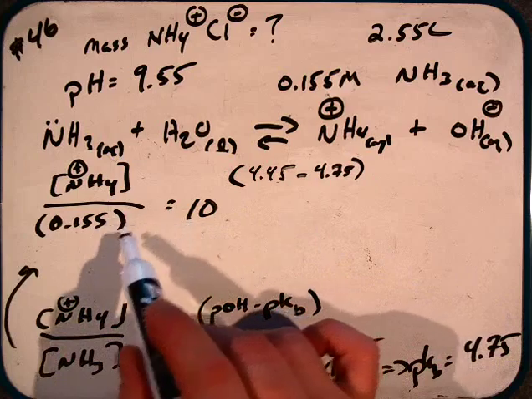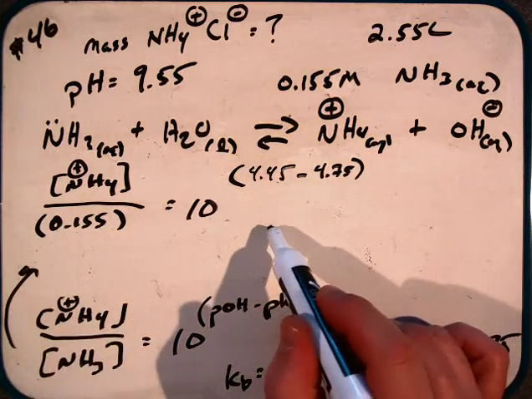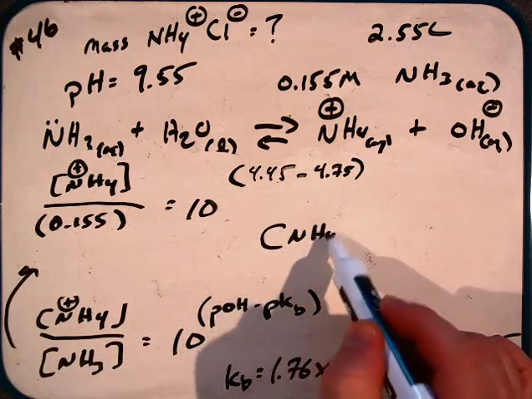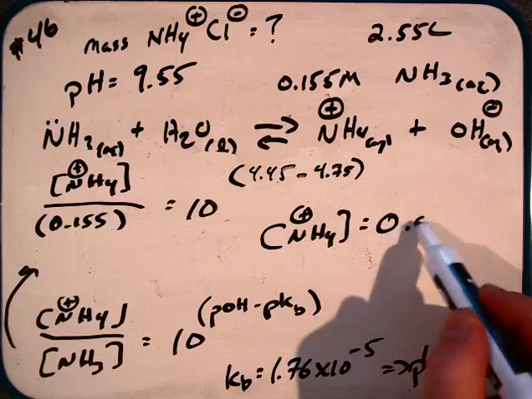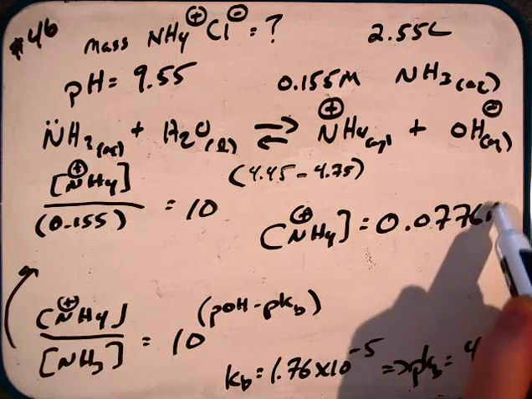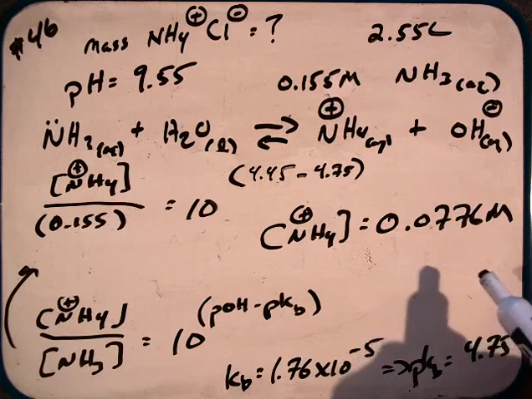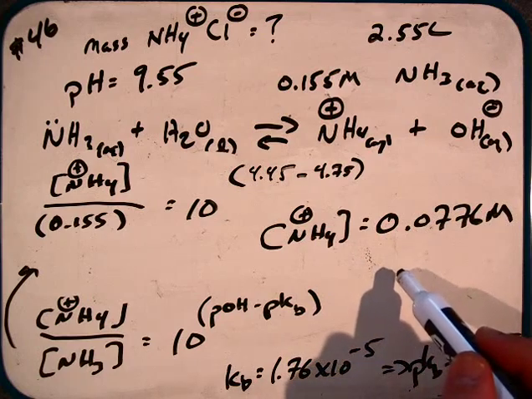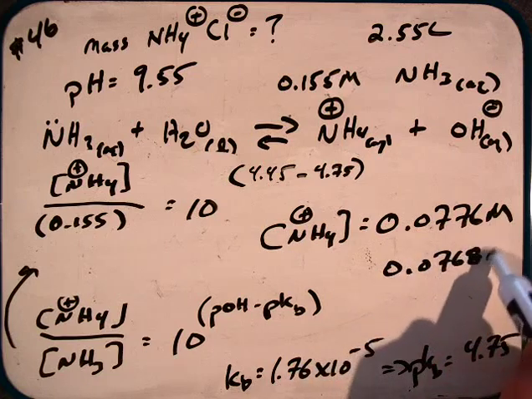And so when we solve that, when we bring our 0.155 over to the other side and we do our base 10, we get an ammonium concentration equal to 0.0776 molar. And in the first part of this, remember, the first concentration I got was 0.0768 molar.